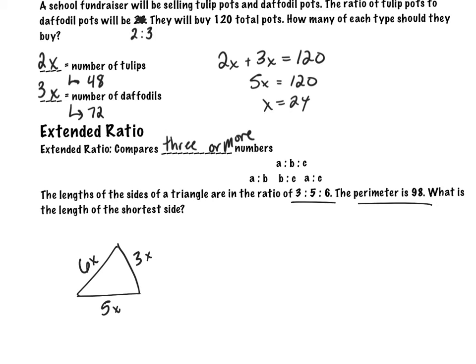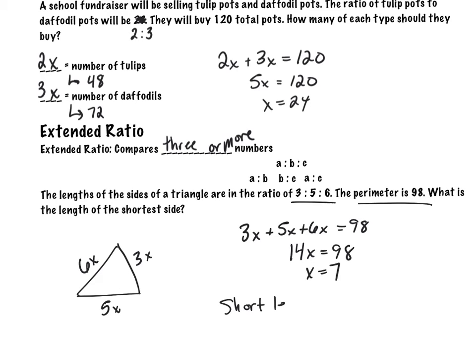So if I know that, right, I have 3x plus 5x plus 6x equals 98. So I end up with 14x equals 98. So x equals 7. So now x equals 7.